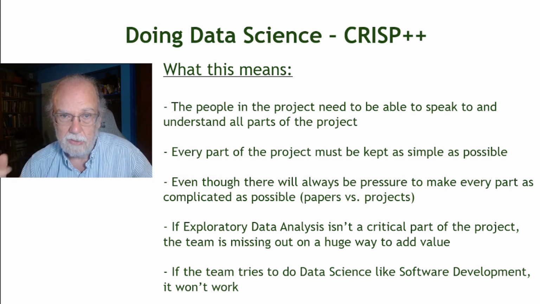Now, there's also a lot of pressure to make every part as complicated as possible. For instance, to use the most sophisticated modeling techniques you can. There's a big difference here between doing papers and doing projects. For papers, you get published if you make things complicated, so you've got something to write about. For projects, you're successful if you keep things simple.